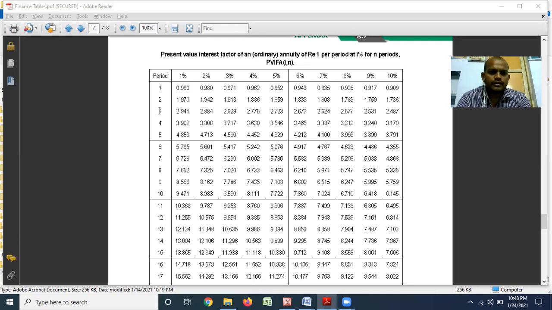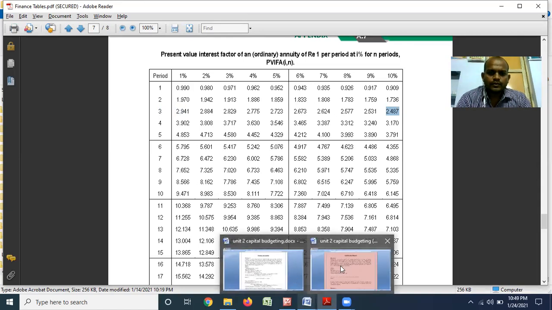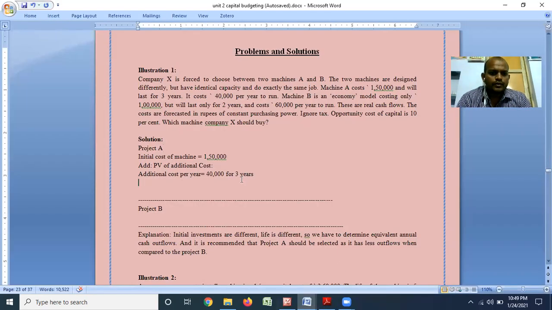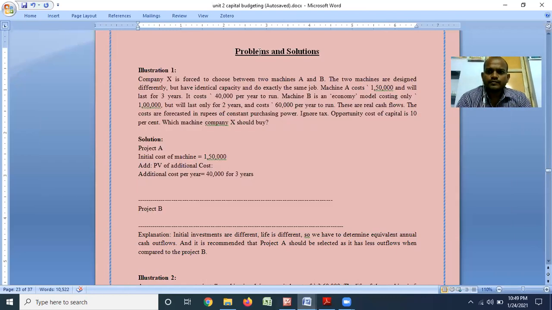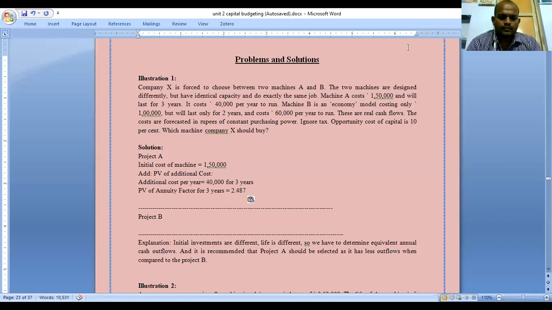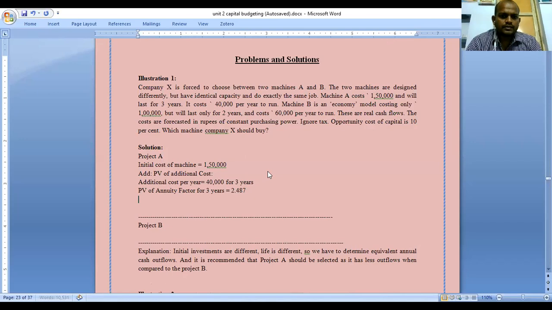The life of the mission is 3 years. At 10%, it is 2.487. We have to multiply this 40,000 with 2.487, so the present value of additional cost will be 40,000 into 2.487.